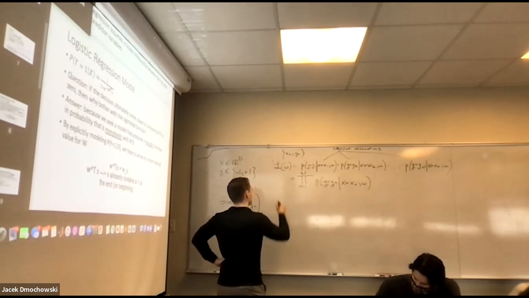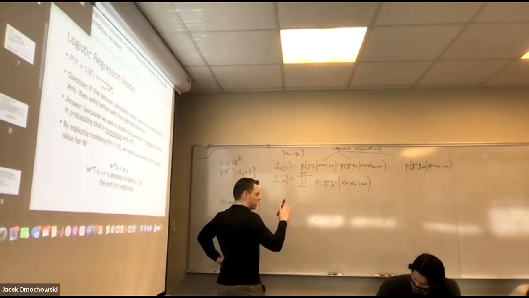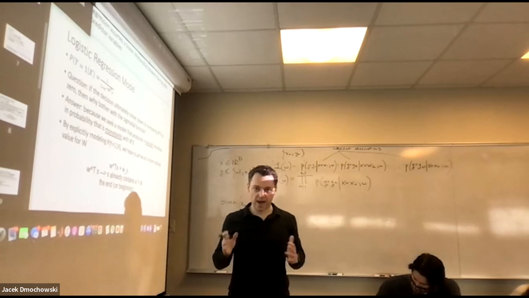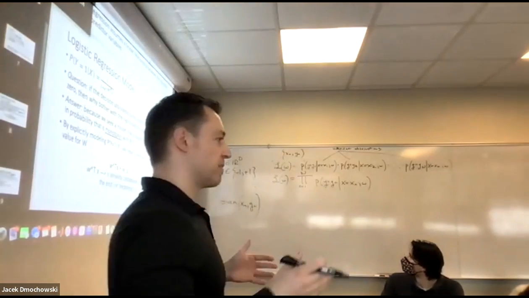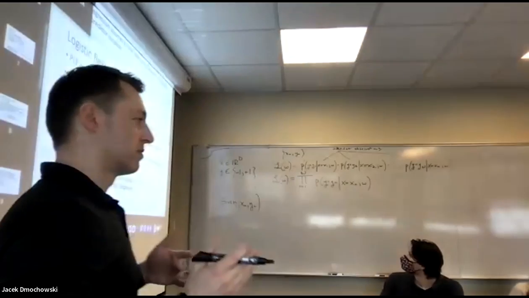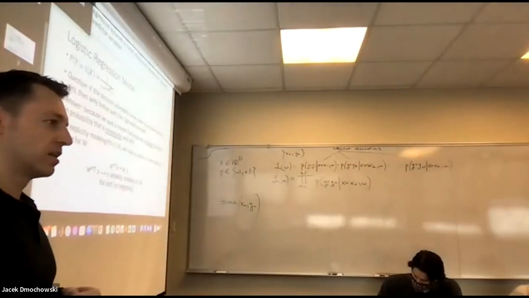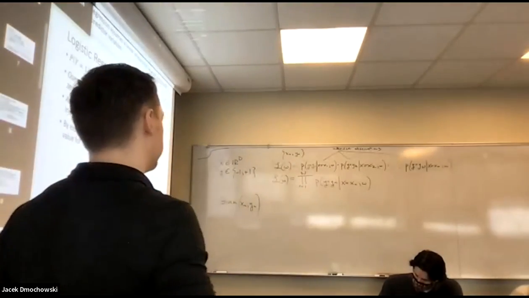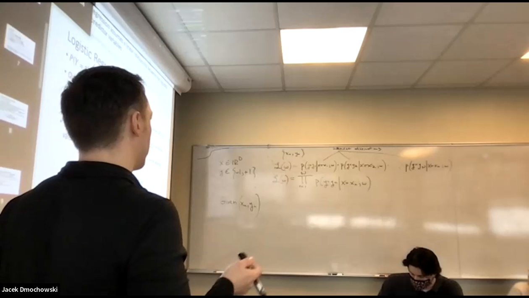Okay, so this is called the likelihood function. And the key thing is that maximizing a function is the same as maximizing its log, and the reason that's true is because the log function is monotonic. So first of all, why would I do this?